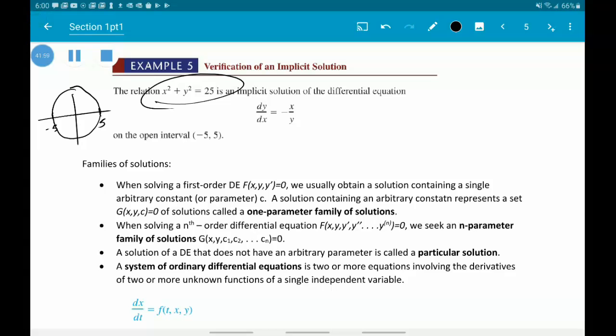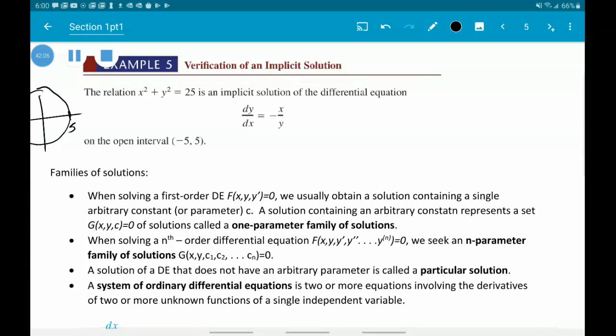And we could go through and verify that this is a solution. If we take the derivative here, this would be a derivative implicitly. So we would have 2x plus 2y y prime is equal to 0.